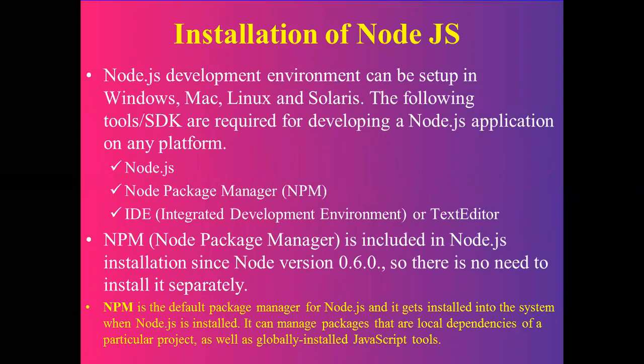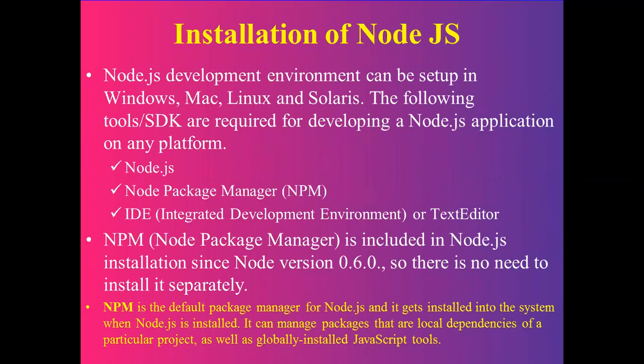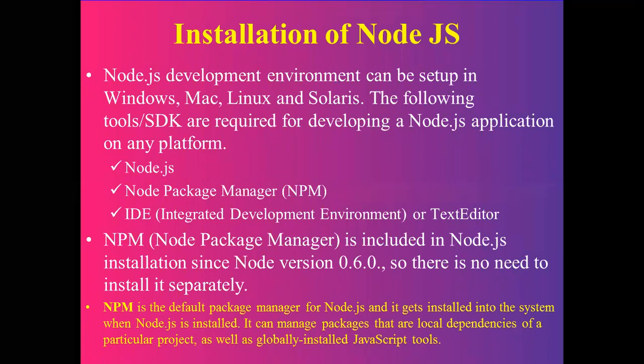So today we are going to continue with the next point, that is installation of Node.js. How to install Node.js on Windows or any other platform. We can install this environment on Windows, Mac, Linux, and Solaris systems, multiple environments.